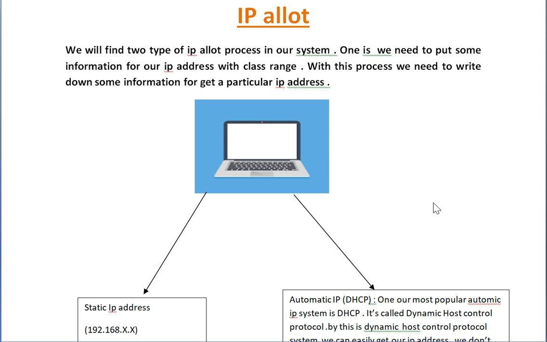This way, a system can get an IP address very easily through the DHCP process. This DHCP process is an automatic way, so we don't need to write down our IP address ourselves. The IP automatically comes through our router. That's why this is the automatic way.